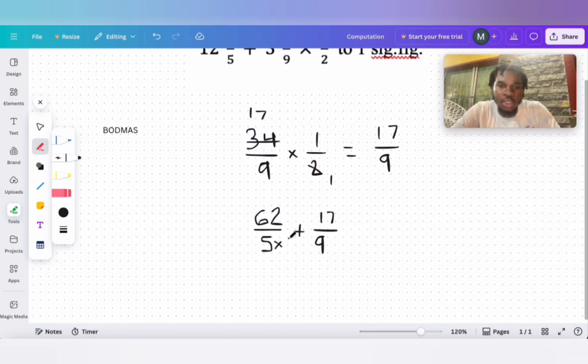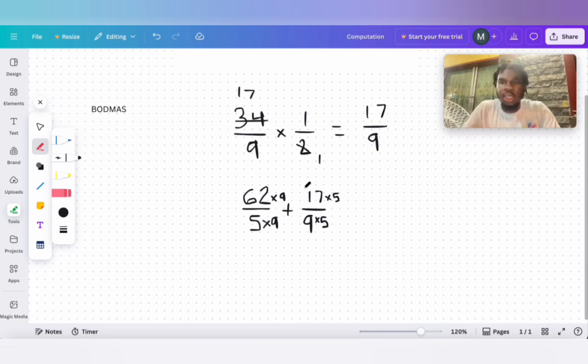So what we could do is multiply both denominators by each other, and whatever we do to the denominator, we need to do to the numerator. Because we multiply the denominator by 5, we need to multiply the numerator by 5. Because we multiply the denominator by 9, we need to multiply this numerator by 9 as well.